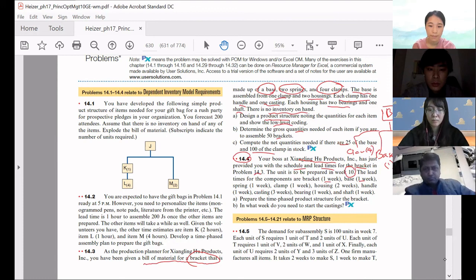Prepare the time phase product structure for the bracket. In 1 week, you need to start the castings. Casting is a process of melting, and then it hardens and becomes cast iron, for example.